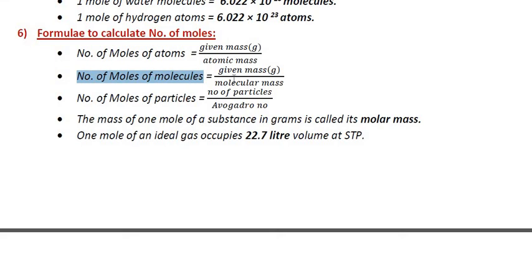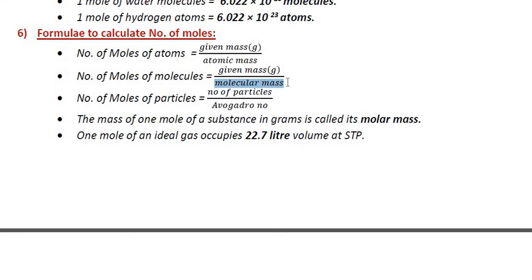The number of moles of molecules can similarly be calculated by the formula given mass in gram upon molecular mass. Since the element is present in the form of a compound, in the denominator we will have the molecular mass.